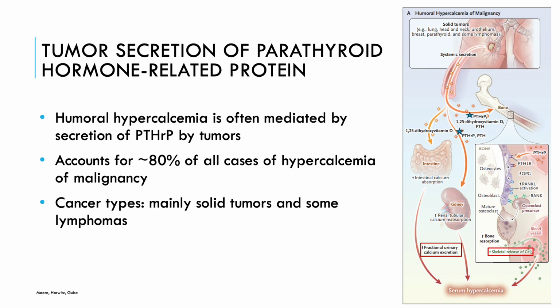To the right here, you can see a visual representation of this mechanism. What happens is the solid tumor releases parathyroid hormone-related protein, which stimulates excess bone resorption and release of calcium from the bone matrix, and that in turn weakens the bone structure and elevates the circulating calcium. This also stimulates increased renal reabsorption of the calcium, and that further increases serum calcium levels.